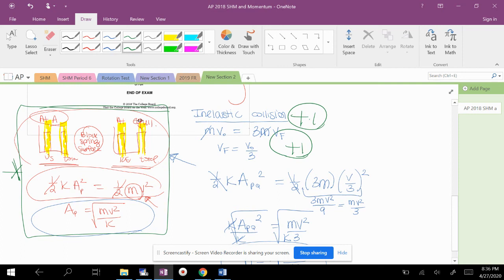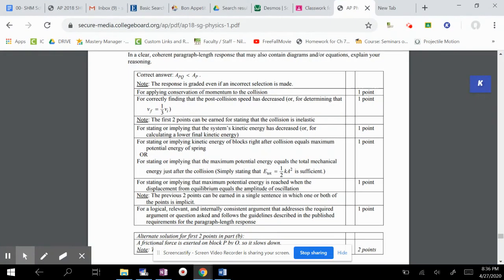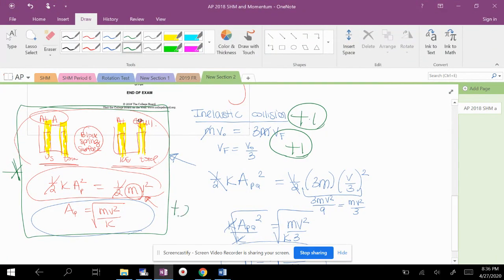I know that you guys are all capable of doing that. So let's go back. I get 2 points for basically saying this in words, these 2 points. And if you can write this properly, this is that first point that they were talking about.